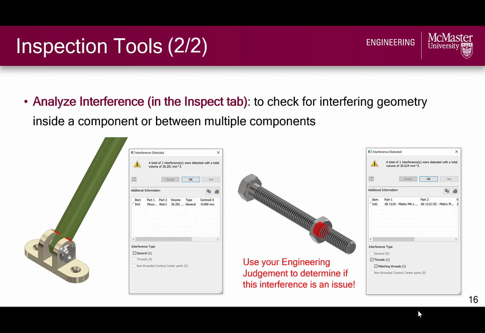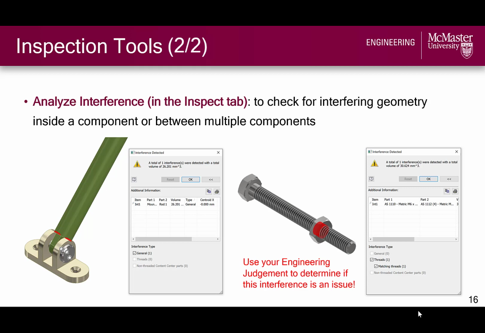If you do find that there is interference between components, then this might be an indication that one of your parts is either not modeled properly or not constrained properly. In other cases, like with this bolt and nut, we can see interference of the threads, but this is acceptable for our purposes in this course, as is interference of gear teeth if the gears are just not lined up properly in the assembly model.